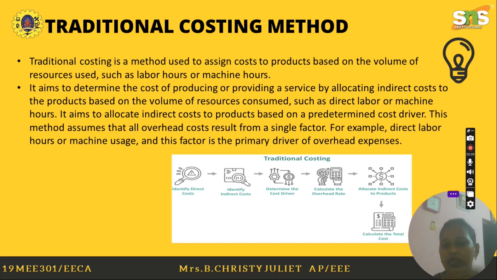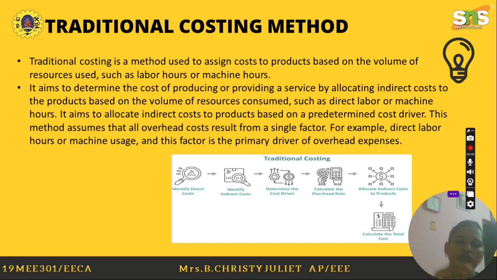For example, the direct labor or machine hours will be taken into account when fixing a cost for a product. So this approach aims to allocate indirect cost to the products based on predetermined cost drivers.